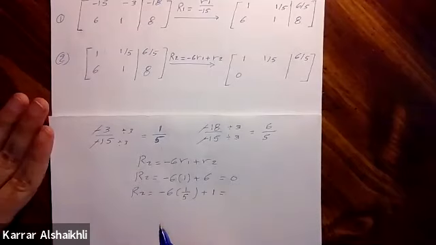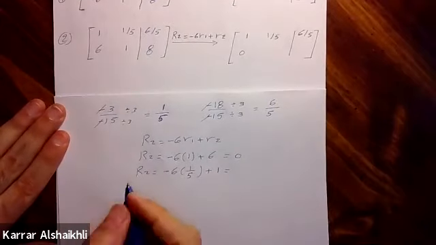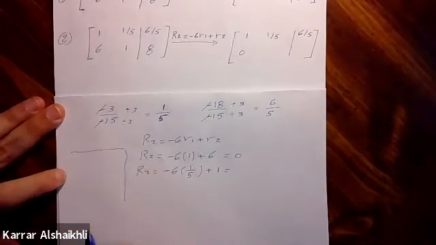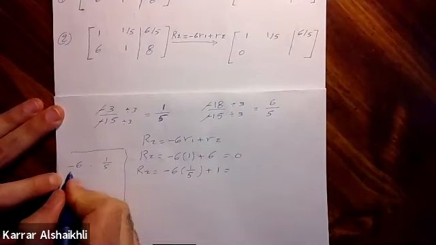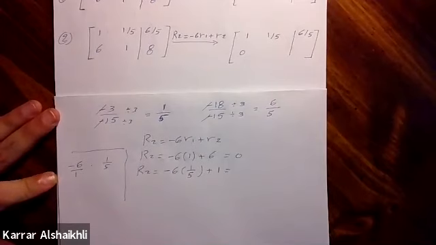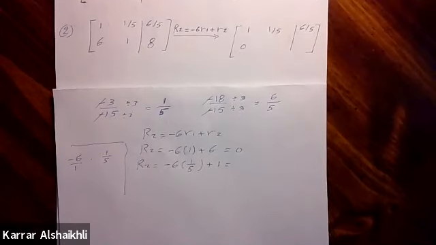Let's do it here on the side. -6 times 1 over 5. Put this 1 over 1. If you remember, in the first section we took how to multiply two fractions. -6, I can write as -6 over 1.